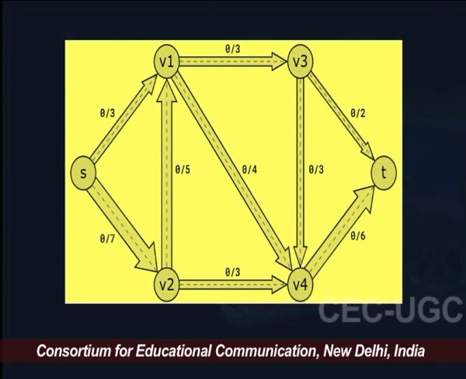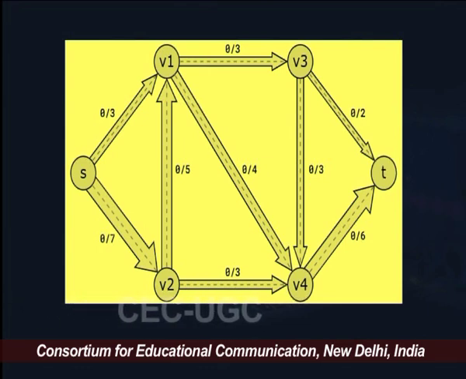That means the flow goes in the out direction from S, while this sink node T does not have any outgoing edge, but all the edges here are incoming edges.